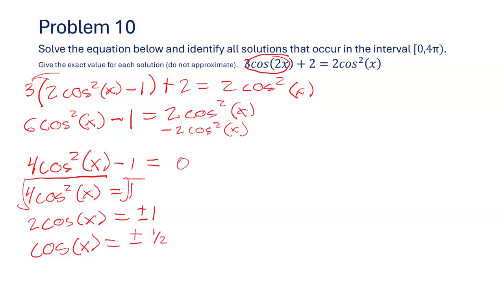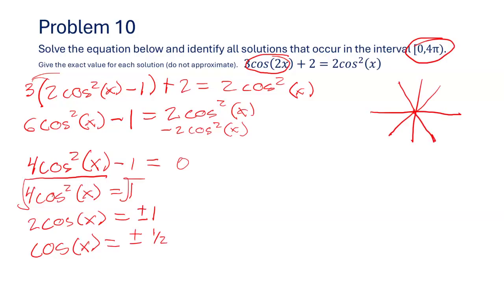Okay, now we need to check our interval. So we have 0 to 4 pi. That's twice around the unit circle. So in our unit circle, cosine equals 1/2 here, negative 1/2 here, negative 1/2 there, and 1/2 there.